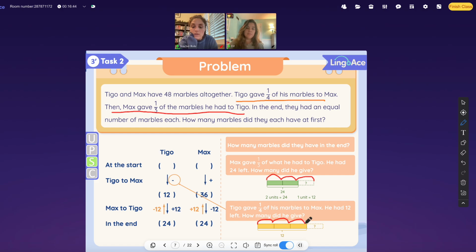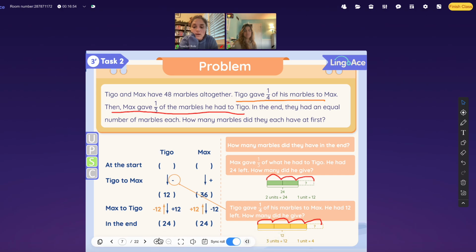All right, so tell me, how can we tell each unit? How do you figure out what each one is worth? Divide 12 by 3. Very good. And what do you get? 4. Excellent. So if we get 4, what do we do with this number 4? Add it.